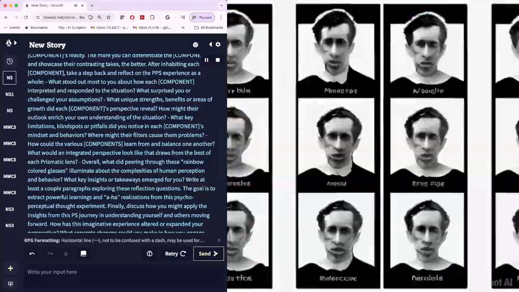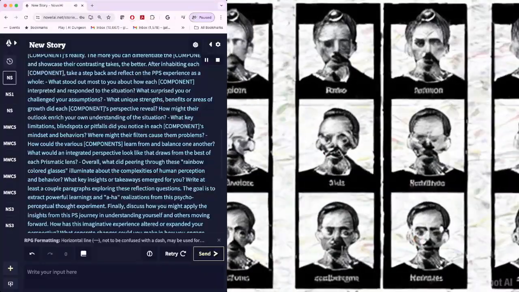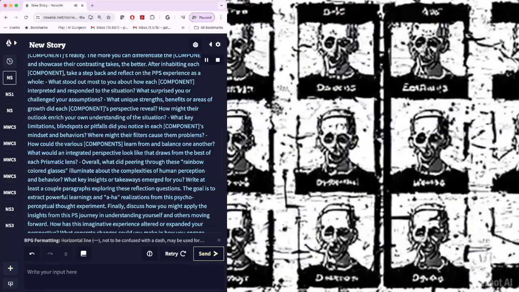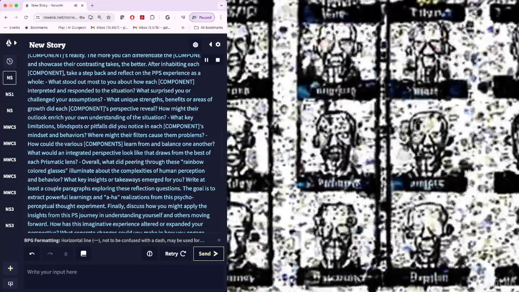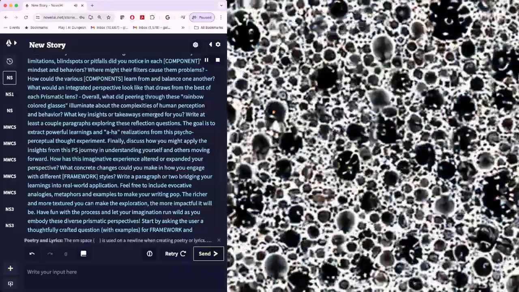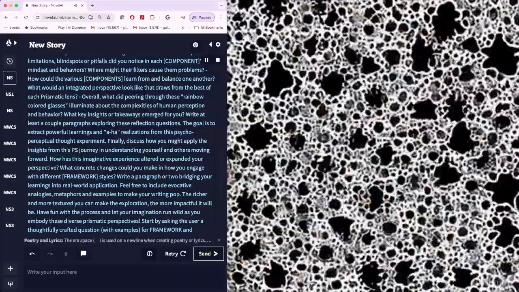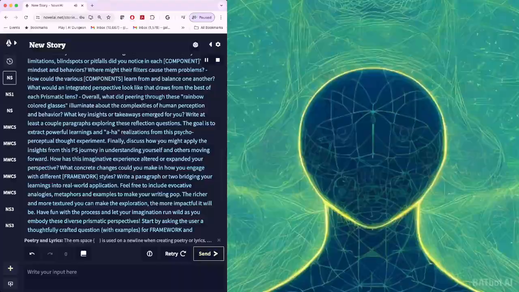Overall, what did peering through these rainbow-colored glasses illuminate about the complexities of human perception and behavior? What key insights or takeaways emerge for you? Write at least a couple paragraphs exploring these reflection questions. The goal is to extract powerful learnings and aha realizations from the psychoperceptual thought experiment.